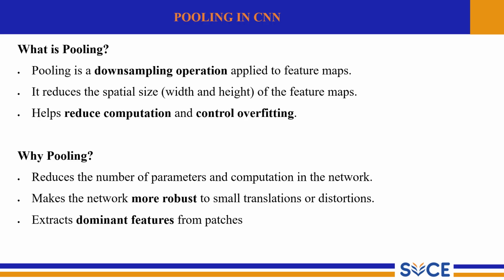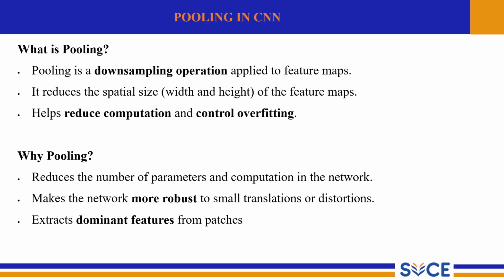First, it reduces the number of computations required in subsequent layers because smaller feature maps means fewer values to process. So, it reduces the number of parameters, which helps the network to avoid overfitting, especially in deep neural networks with many layers. And it also provides a form of invariance to small shifts, translations or distortions in the input.